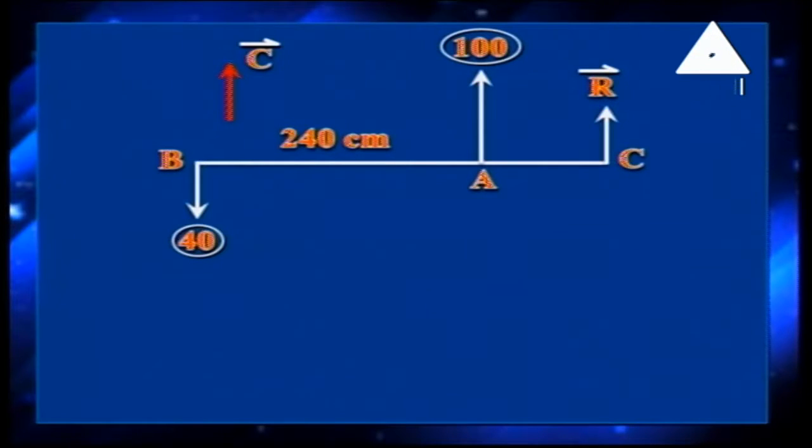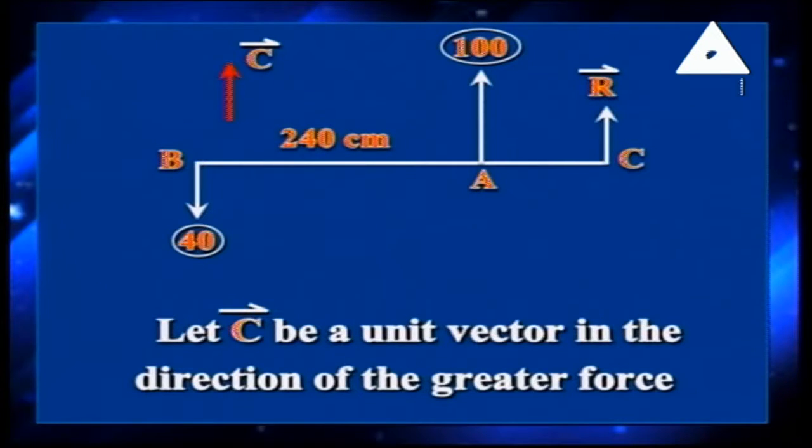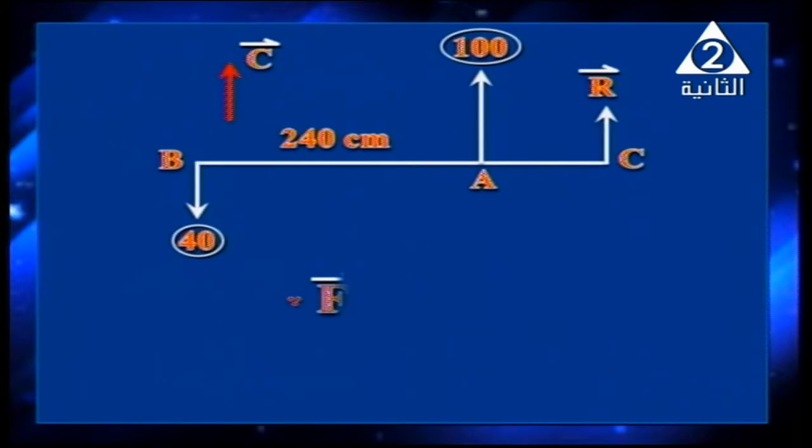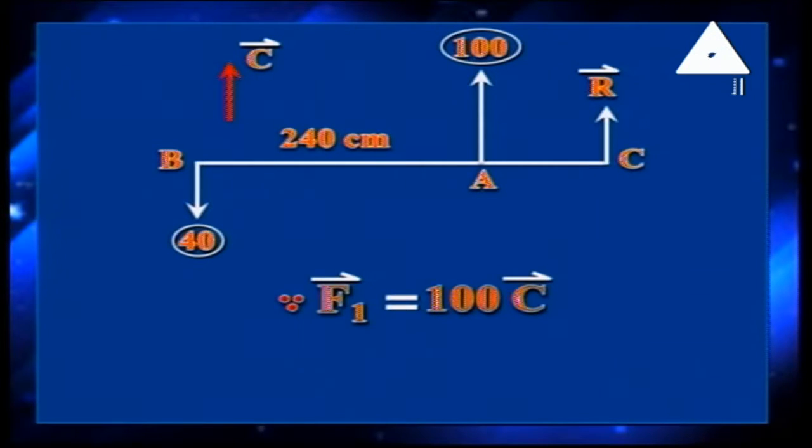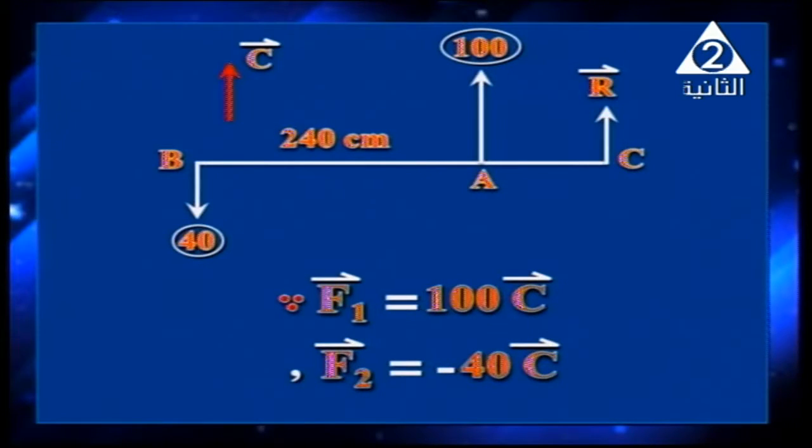Therefore, to calculate the magnitude and direction of R, let C be the unit vector in the direction of the greater force. F1 equals 100. F2 equals negative 40. Why?